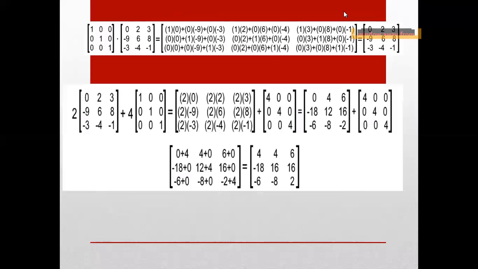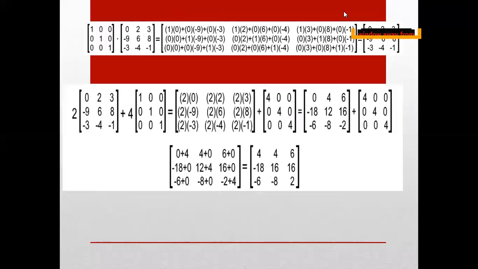And 2 multiplied by matrix A will be 0, 4, 6, minus 18, 12, 16, then minus 6, minus 8, minus 2.